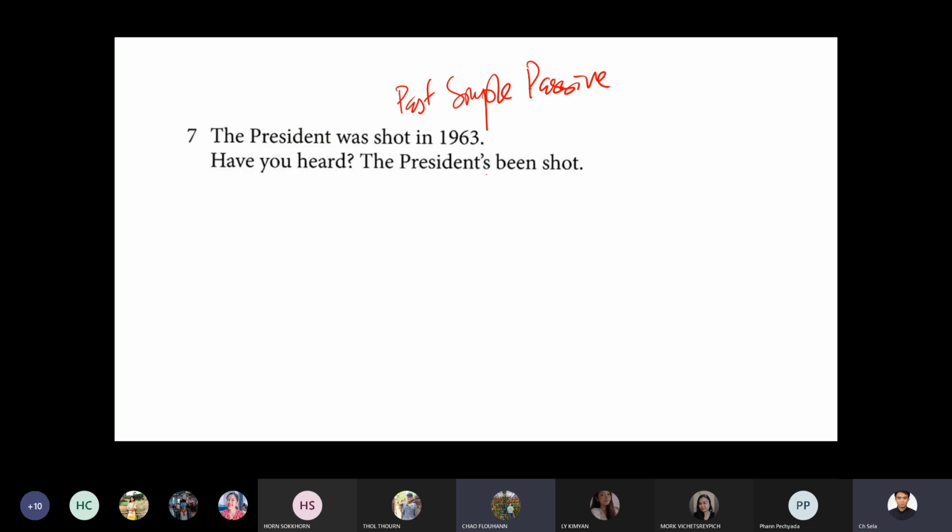This one, been... I think present perfect passive. Okay, very good. Present perfect passive. All right. So, what is the difference?